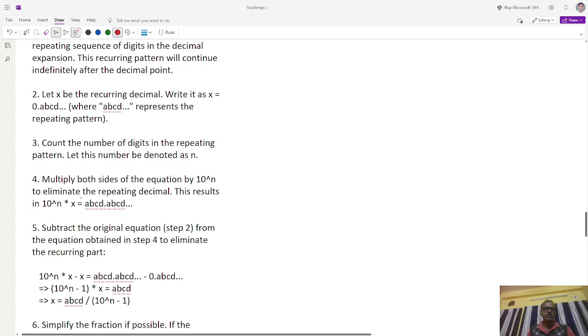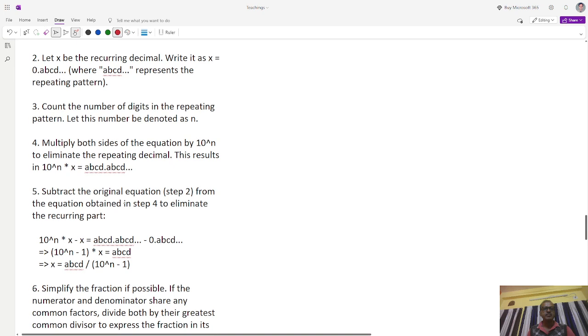Multiply both sides of the equation by 10 to the power n. When n equals 4, it will be 10 to the power 4. To eliminate the repeating decimal, this results in 10 to the power n times x equal to ABCD.ABCD repeating, right? After that, subtract the original equation from the equation obtained in step 4.